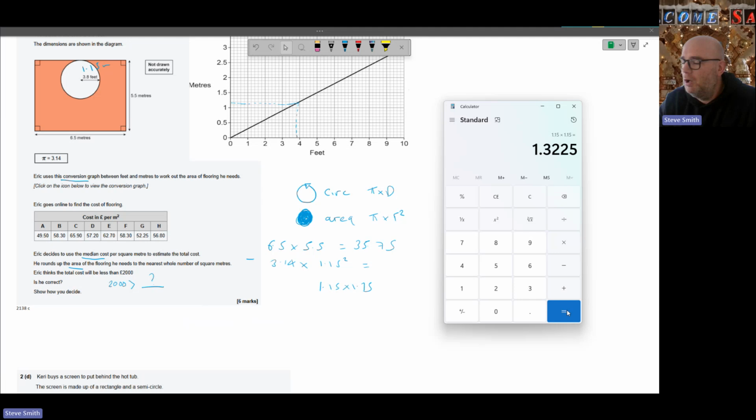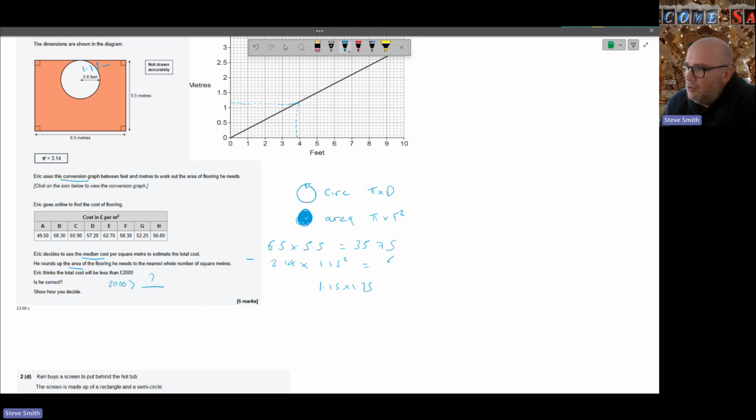That's our radius squared times 3.14 equals 4.15625. So that's the area of where you're going to stand as a shot putter.